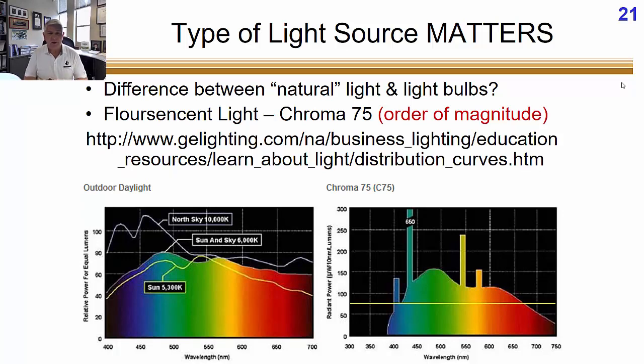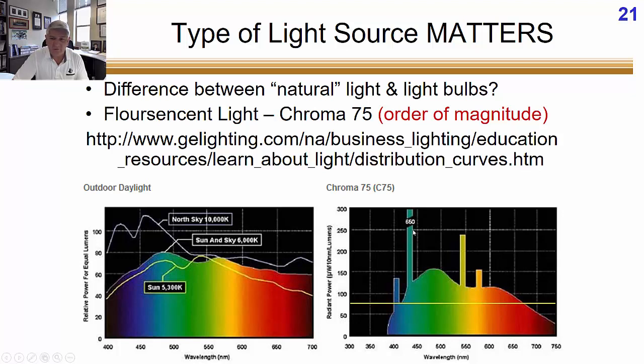So here we see natural light compared to a fluorescent light. This one happens to be called chroma 75. And fluorescent lights have that sort of stark whitish appearance, almost sort of white blue appearance. That's because they have a very high wavelength of this sort of teal color that spikes due to the gases that are used in that chroma 75 fluorescent light.